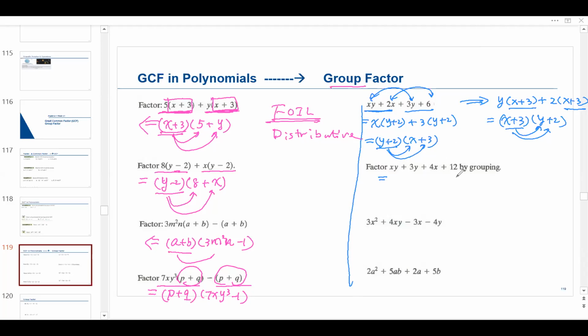You can factor by grouping. You cannot pick xy and 12, they have no common factor, right? Something like here. So you can pick this as a group or pick this as a group, all right?